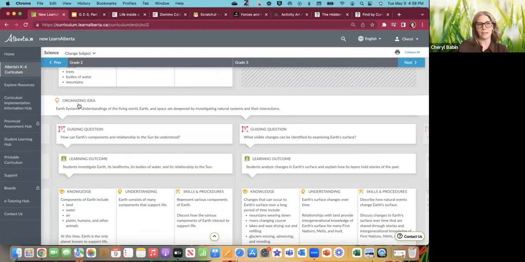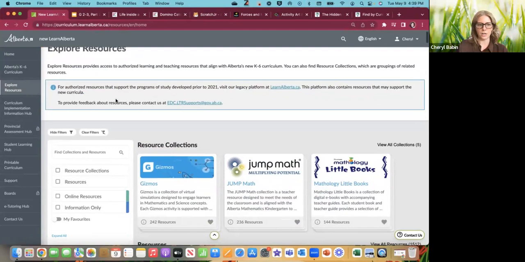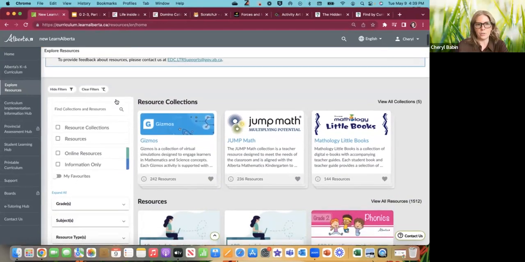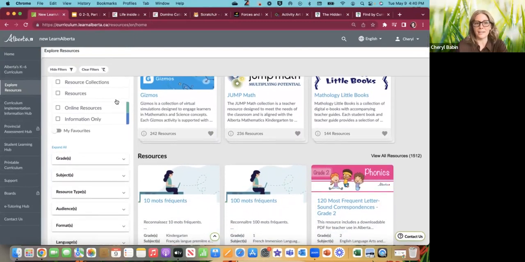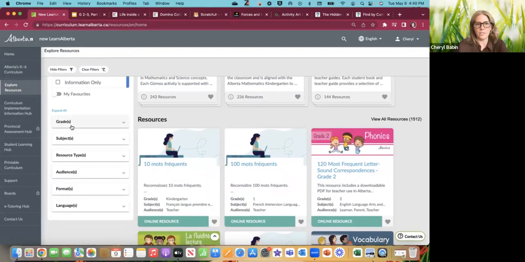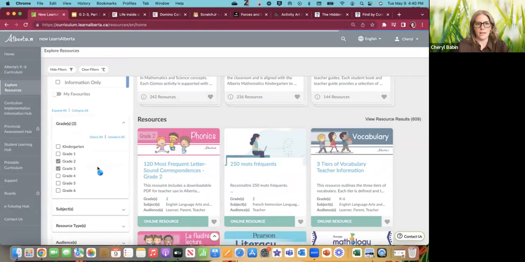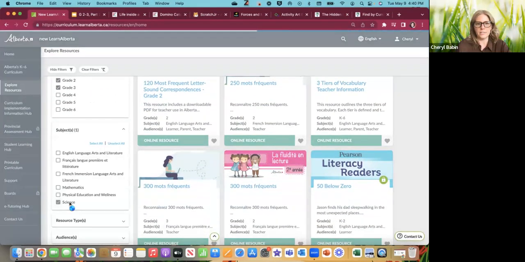The second way that you can check out resources that are available is to go into the Explore Resources section. And in this part of New Learn Alberta, I would encourage you to really play with the filters and start to tag resources that you like. And so if I go in here and I select grades 2 and 3, for example, and I can go into science.